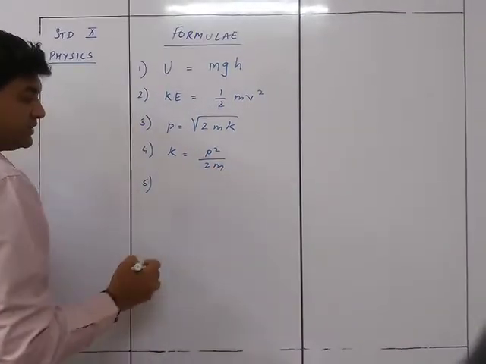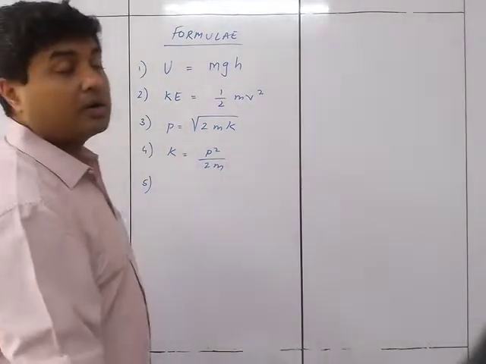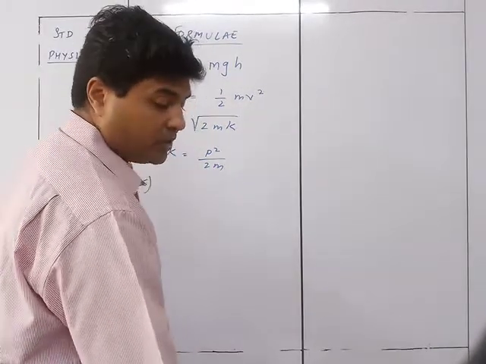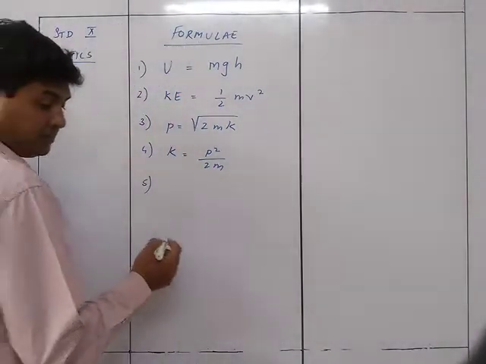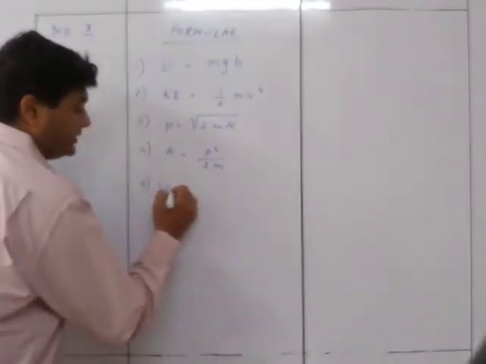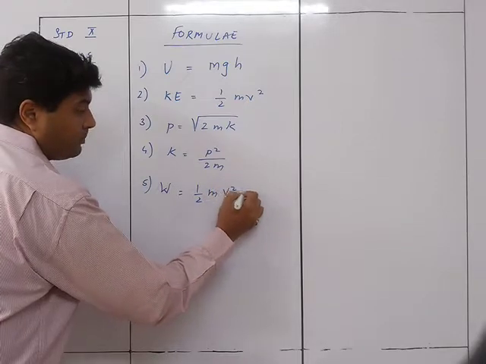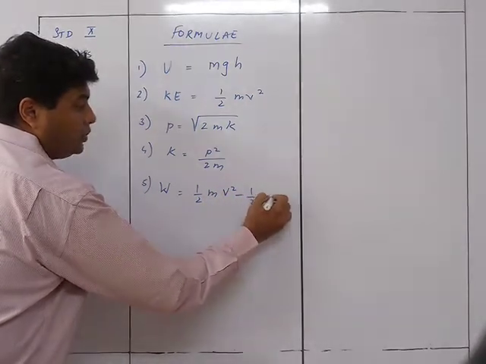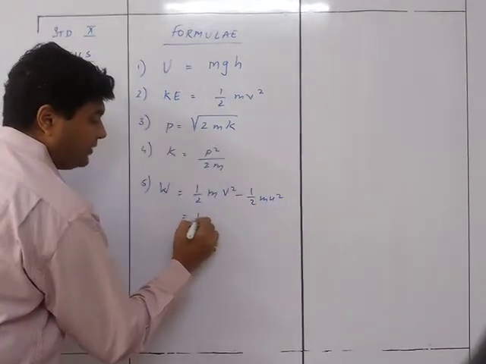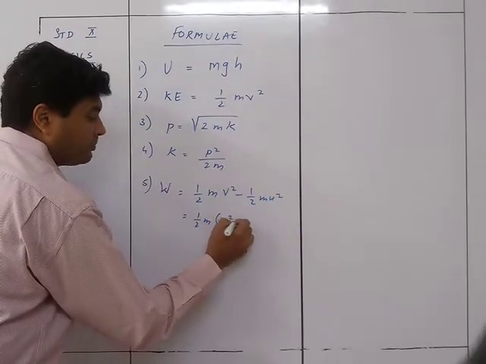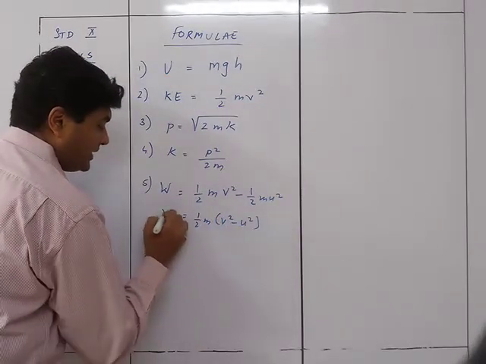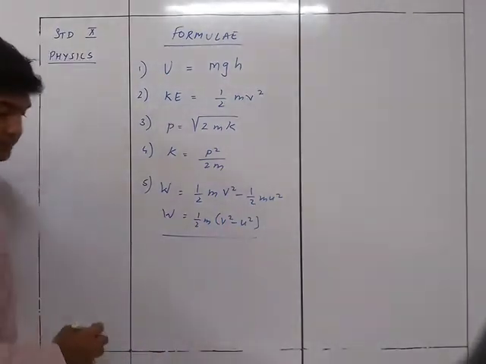The fifth one is the work-energy theorem. The work-energy theorem is given by W, that is work, is equal to half mv square minus half mu square, which is nothing but half m into (v square minus u square). So that is W over here.